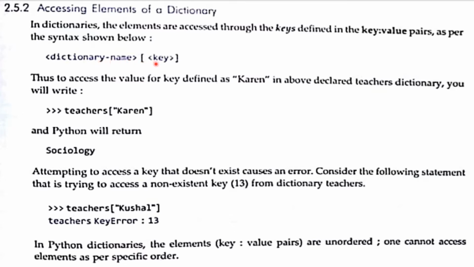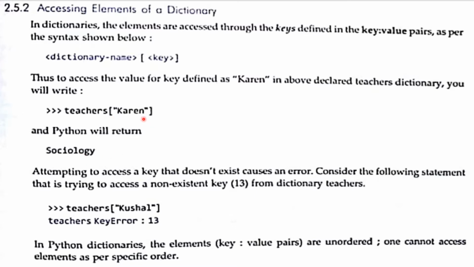So to access the value for the key defined as Karen in the above declared teachers dictionary, you will write teachers, the name of the dictionary, and the key name Karen. So this will return sociology, because when we created our dictionary, we had given 4 keys and values, and one of the keys was named Karen.